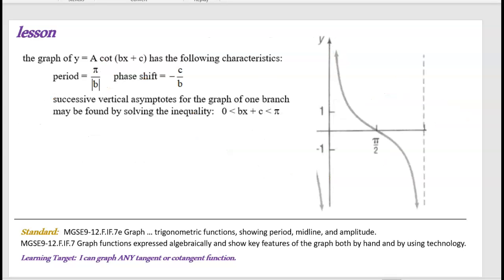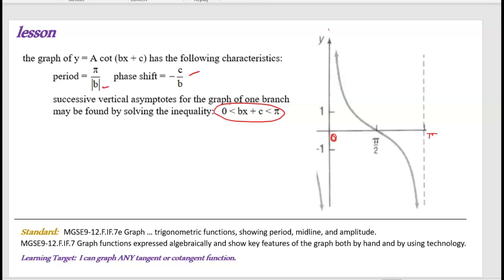All right, so tangent and cotangent have the same formulas. The period is pi over the absolute value of b. The phase shift is negative c over b, so same formula as tangent. But once again, the difference is we're going to start at 0 and run to pi.